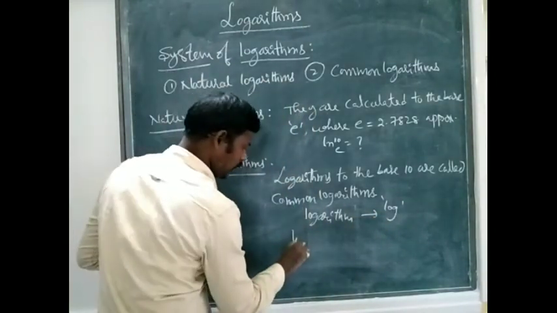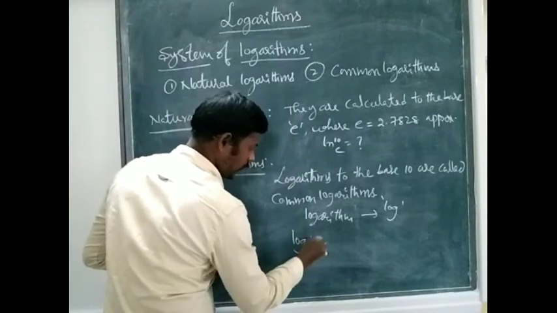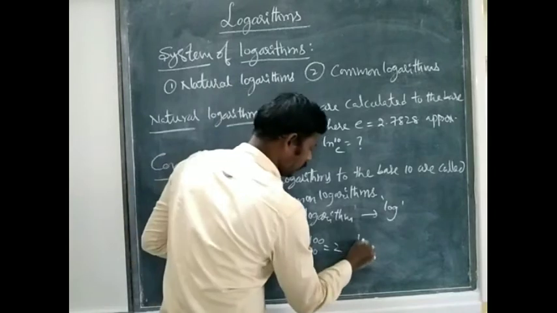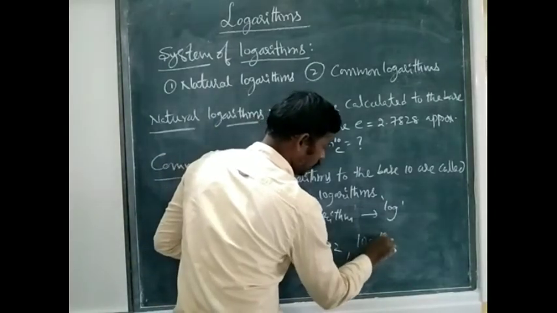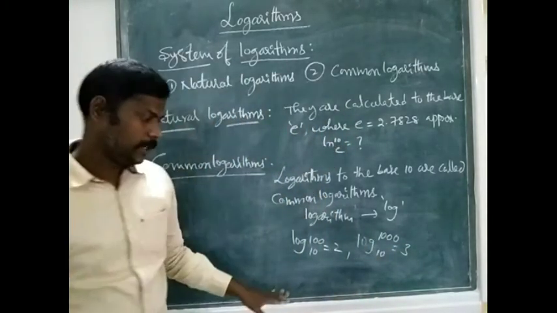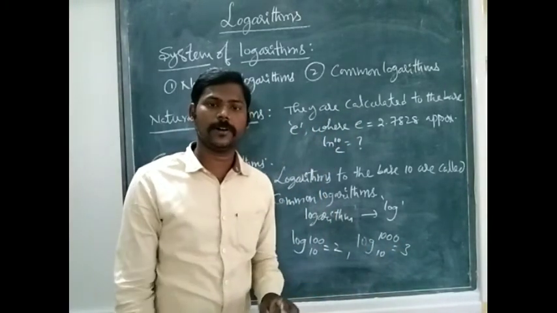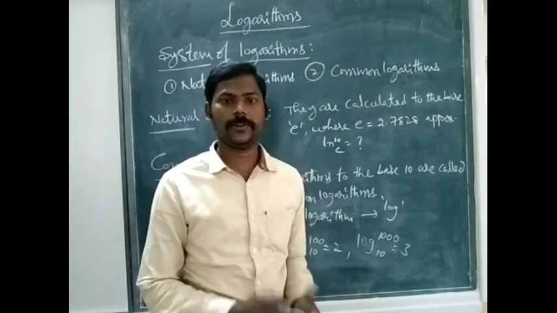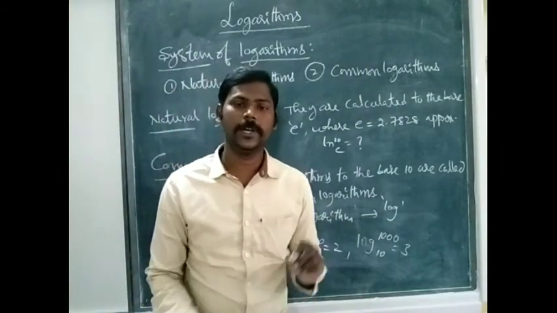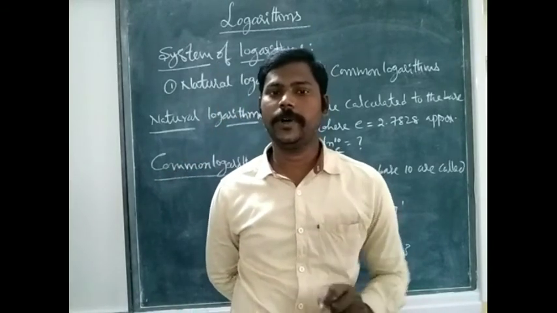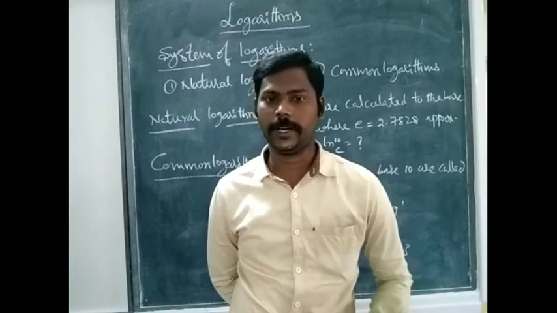For example, logarithm of 100 base 10 equal to 2, or logarithm of 1000 base 10 equal to 3. Base 10 logarithms are called common logarithms. In our studies, we generally use common logarithms. Whenever the base is not particularly mentioned, we can consider it is log base 10.